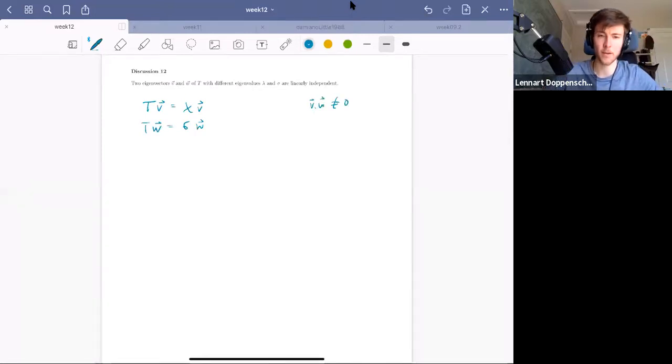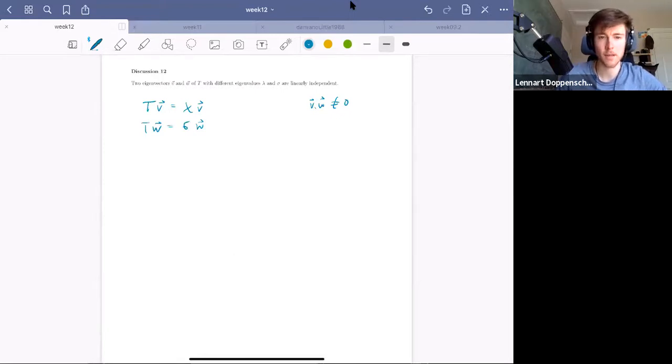So we know that V and W can't be 0, otherwise they may not be eigenvectors. Yes, so a mix of both of the two answers are good.